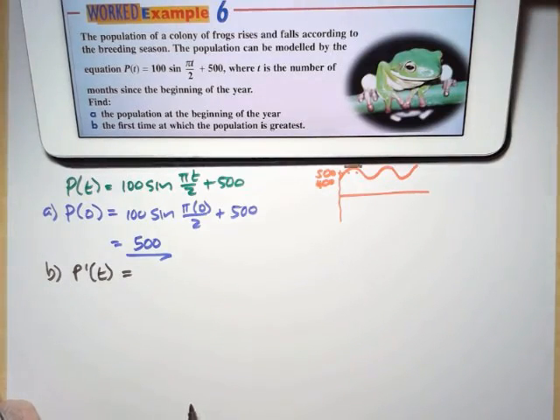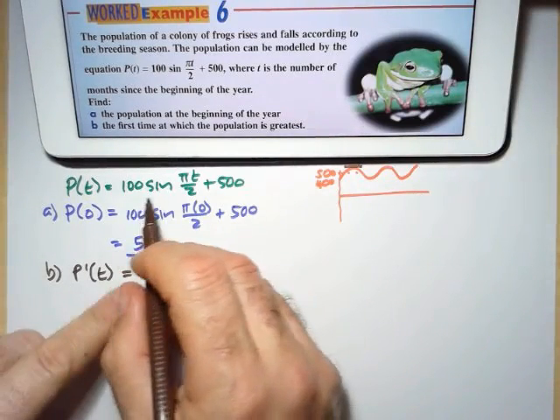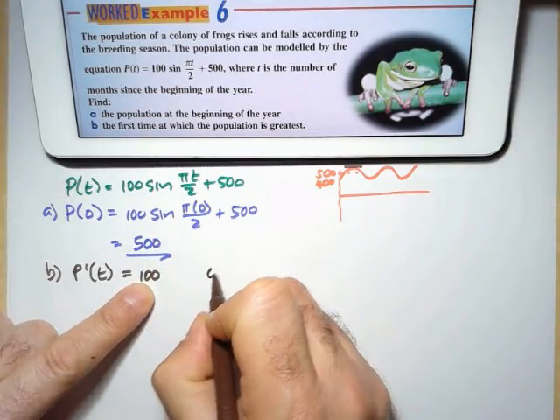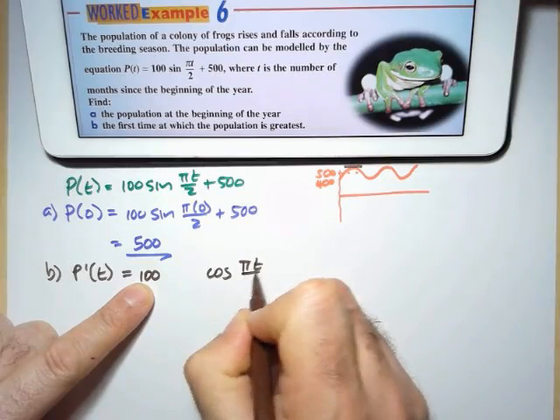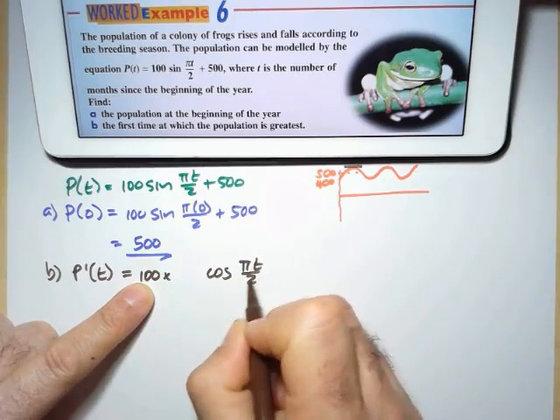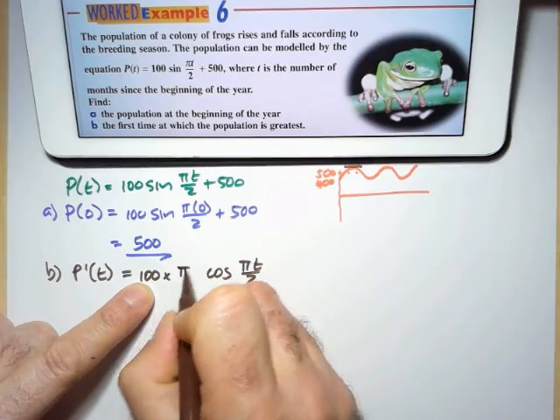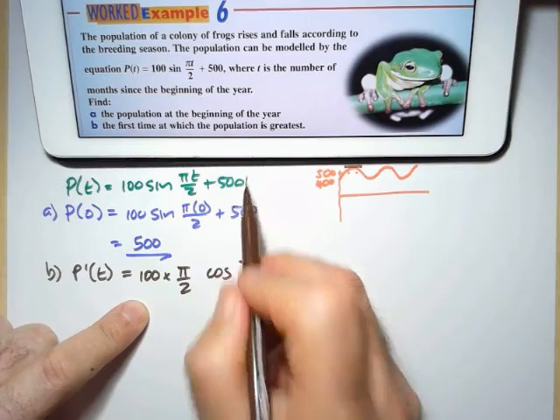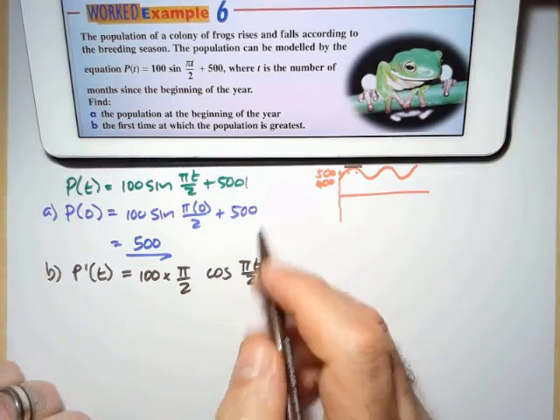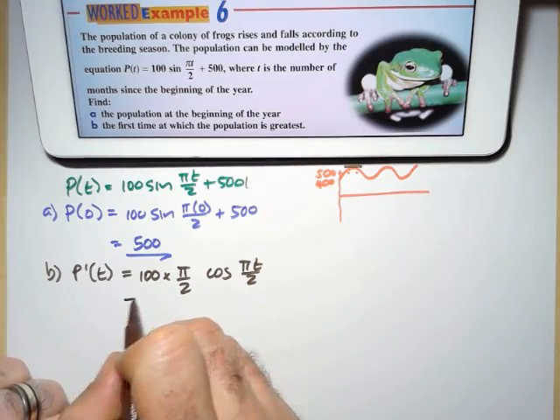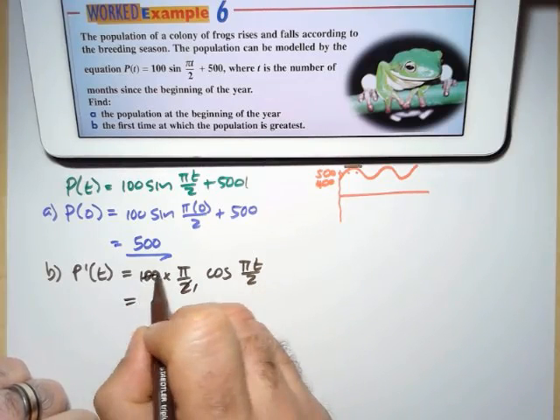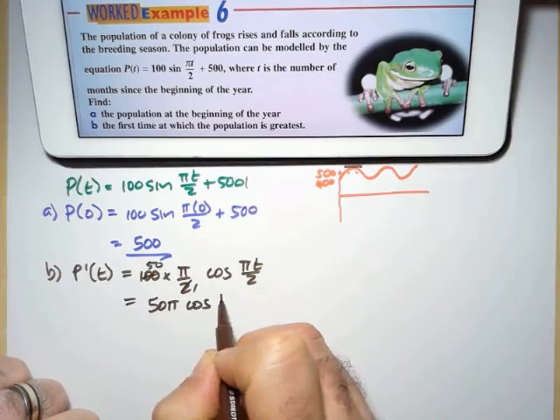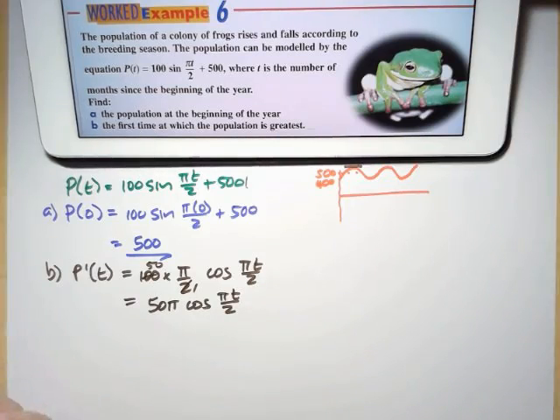It's 100 multiplied by the cos of something, multiplied by the derivative of the something, which is π over 2. The 500 falls away because there's no variable. Simplifying, 2 goes into 100 fifty times, which gives me 50π cos(πt/2).